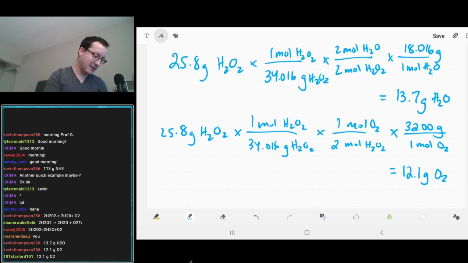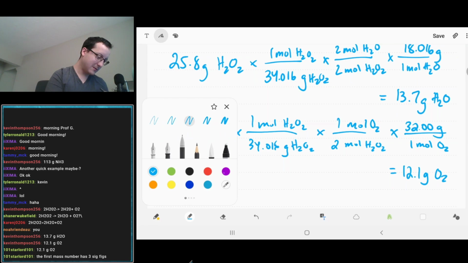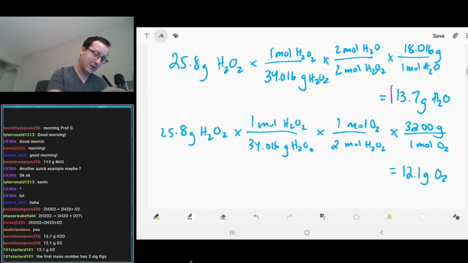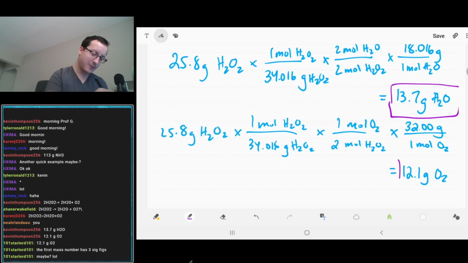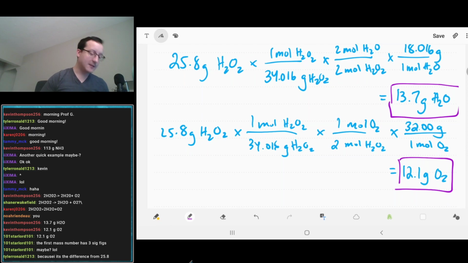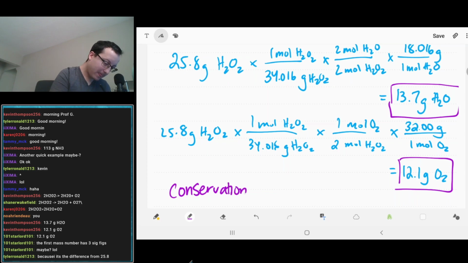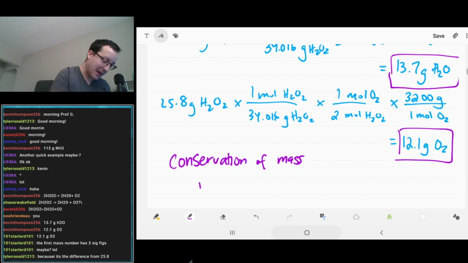Notice that here were our answers, right? Aha, Tyler has it. Yes, exactly. So, remember, conservation of mass tells us that the mass of reactants must equal the mass of the products.